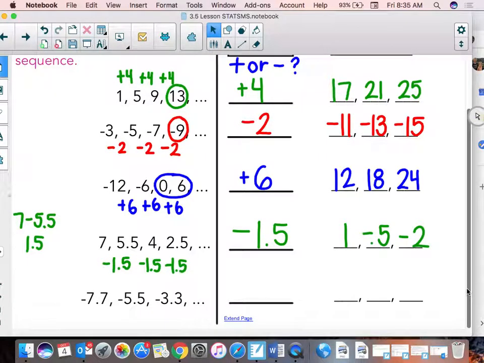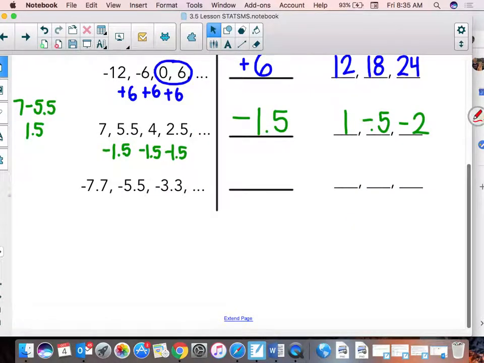All right, last one of this first problem type. Negative 7.7, negative 5.5, negative 3.3. These numbers are getting bigger. If the decimals throw you off, just look at the first part. Negative 7, negative 5, negative 3. That is getting bigger, so we are adding.